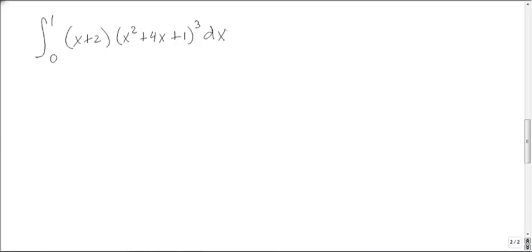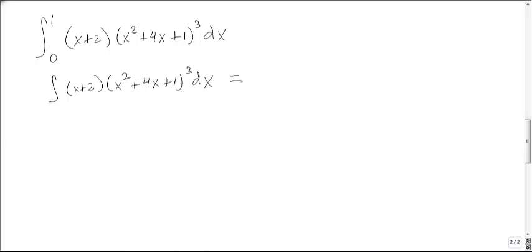So this time, instead of converting the bounds from x to u, what I'm going to do is do an indefinite integral without the bounds first and plug in the original x values into that. So just a little bit different take on this. So what I'm going to look at is the indefinite integral of x plus 2 times x squared plus 4x plus 1 cubed dx.